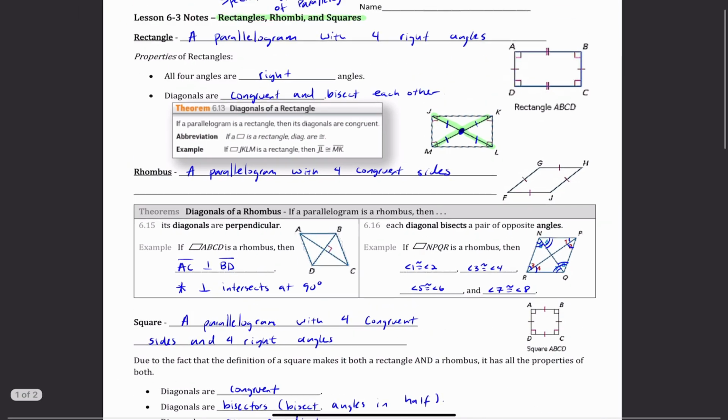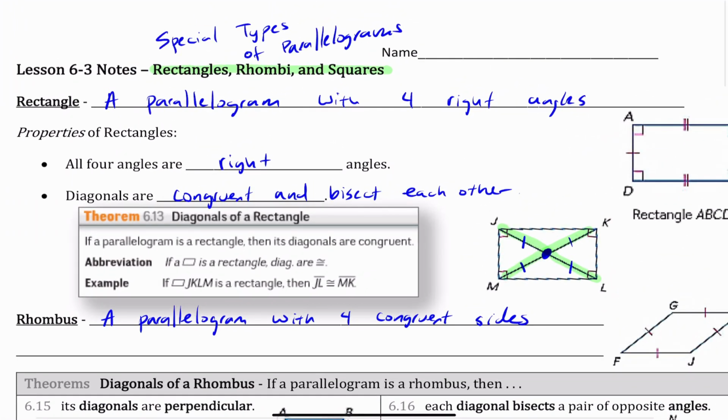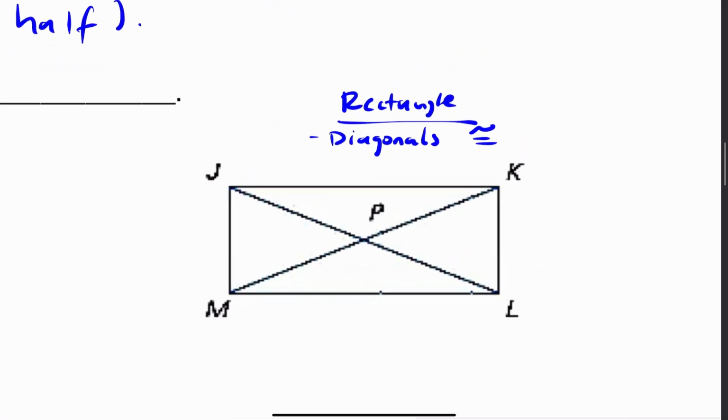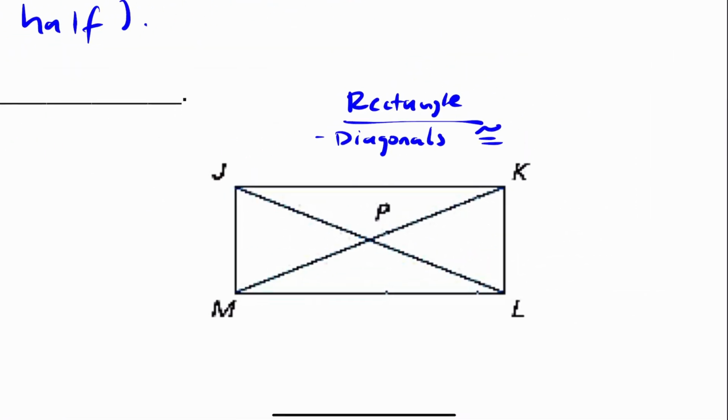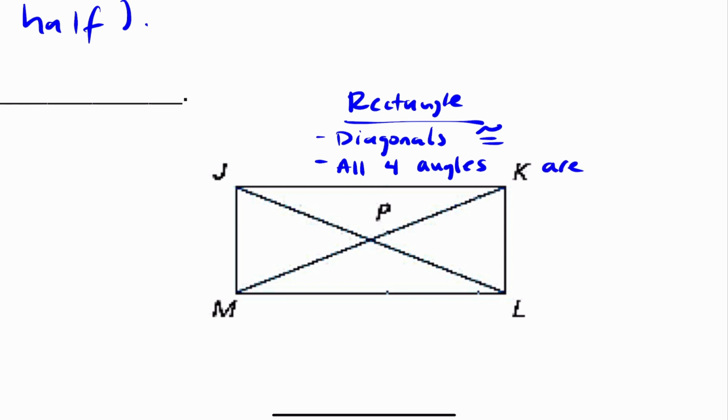It says right here. The diagonals are congruent and they bisect each other. Second, all 4 angles are right. Okay? So these diagonals are congruent to each other.